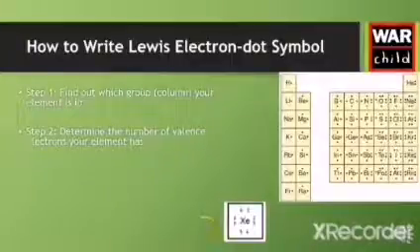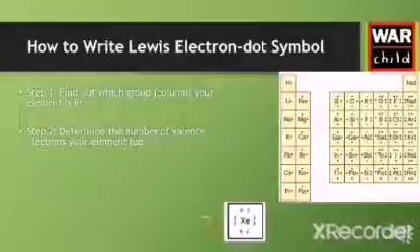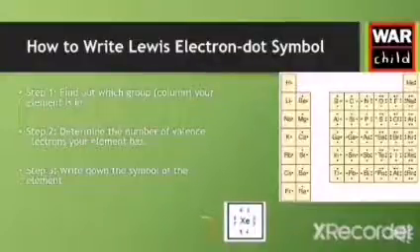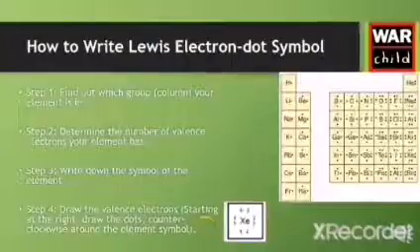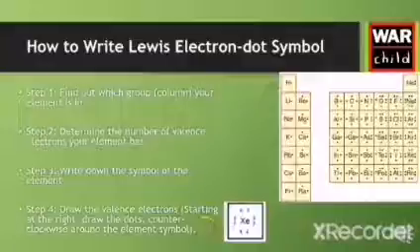For example, one valence electron if it is in group 1, or two valence electrons if it is in group 2. Step 3, we'll write down the symbol of the element, and finally we will draw the valence electrons around the symbol starting from the right, and we will draw the dots counterclockwise around the element symbol.